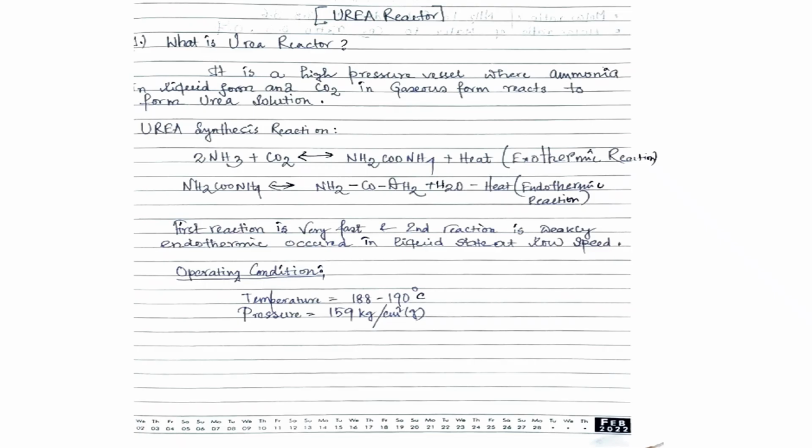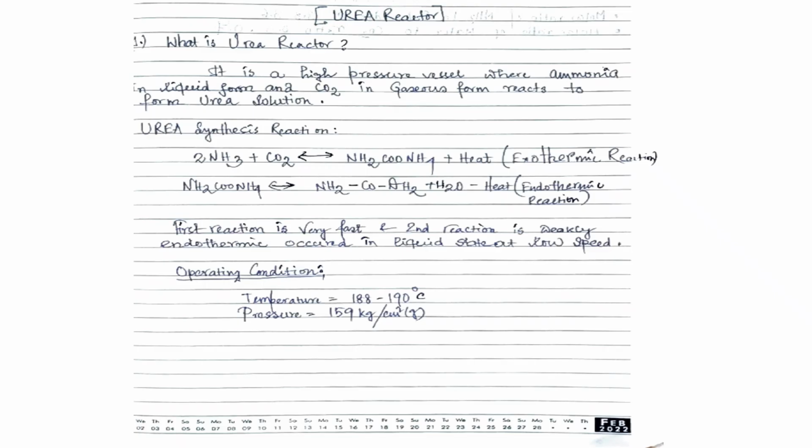Particularly, the ammonia coming from the ammonia plant at a pressure of 25 kg and a temperature of 25 degrees centigrade is fed into the urea reactor after preheating, and then the CO2 coming from the ammonia plant is pressurized up to 160 kg pressure and fed to the urea reactor.